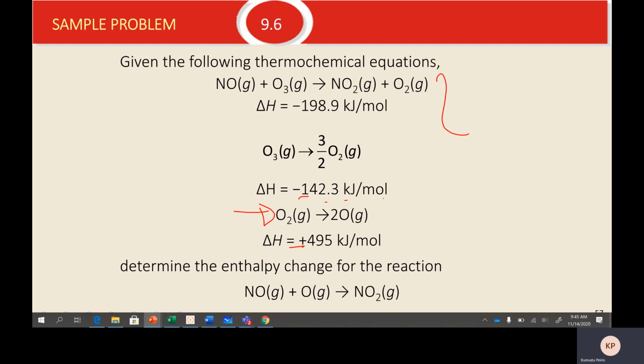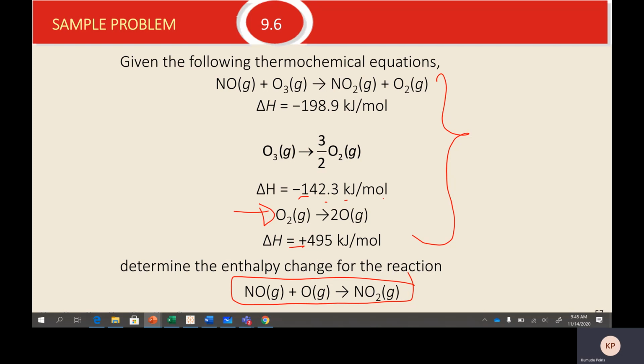So we are given these three reactions and their enthalpies, the heats for these three reactions, and we need to find the enthalpy change for this given reaction: NO gas plus O gas goes to NO2 gas. Let's see how we can solve this problem.